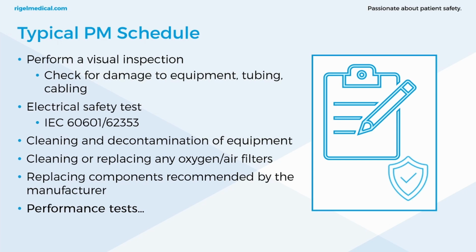It's very crucial for ventilators due to cross-contamination. This is things like replacing filters. That also is very important for ventilators, just ensuring that the entire mechanical circuit is clean and decontaminated. Also replacing components recommended by the manufacturer. And then we'll come on to performance testing.